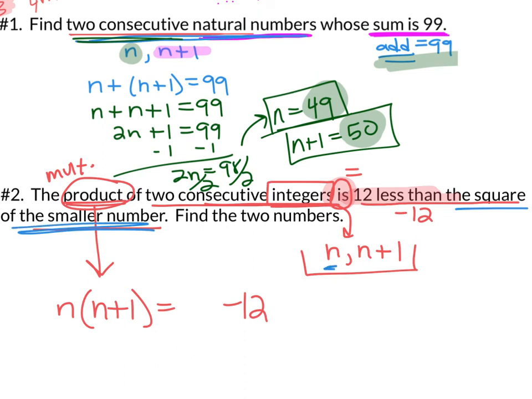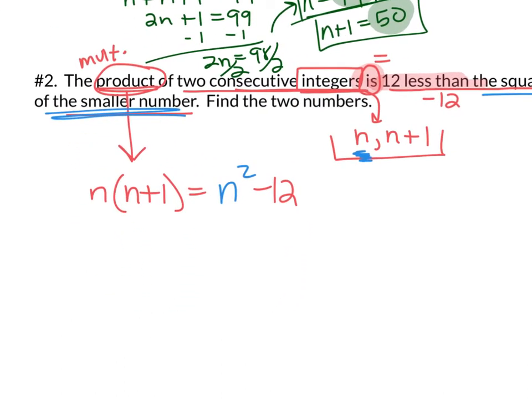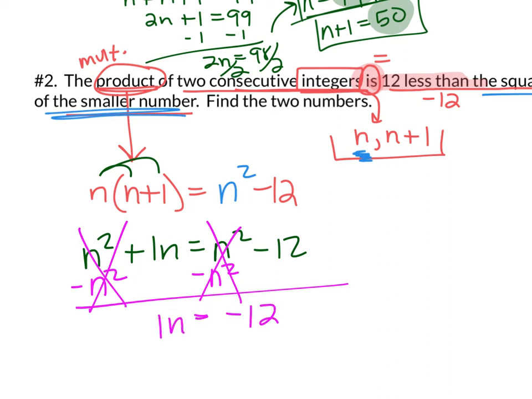The smaller number here is n, so the square of n is n squared. If we distribute, we get n squared plus 1n equals n squared minus 12. Subtracting n squared from both sides, they cancel out, which is nice. So we get 1n equals -12, so n is just -12.